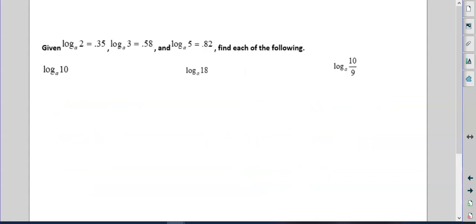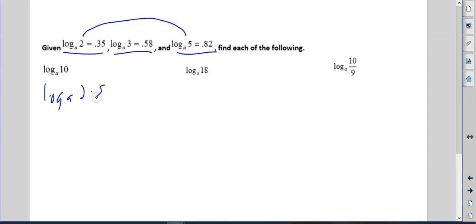Okay, same idea here. Here are different values. Okay, decimals, that's okay. Log a of 10. Well, how can we get that? Well, we could get that from 2 times 5. All right? So it's kind of like a puzzle. You're just trying to figure out how to make 10. So that would be log a of 2 times 5, which times becomes plus.